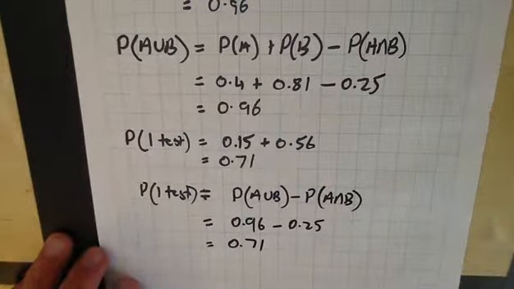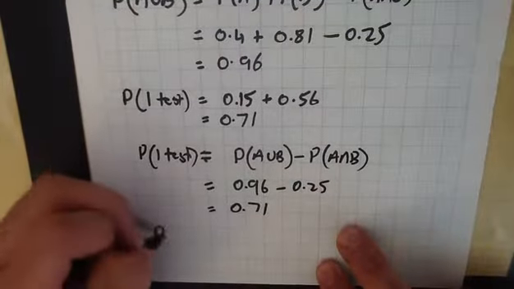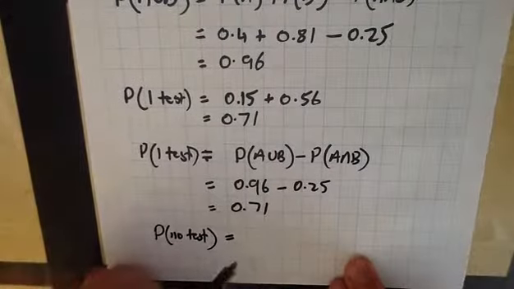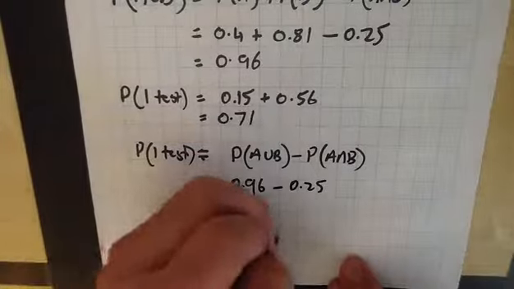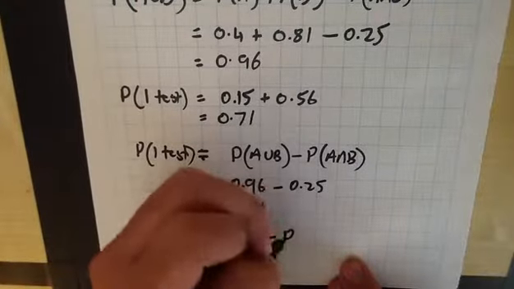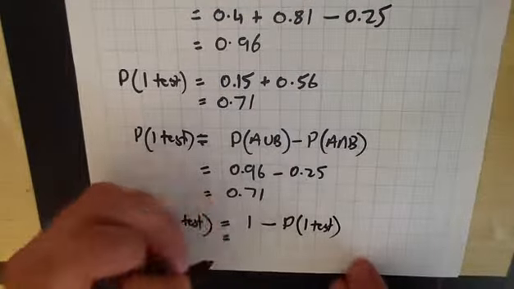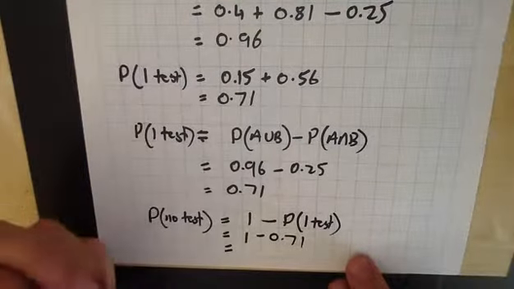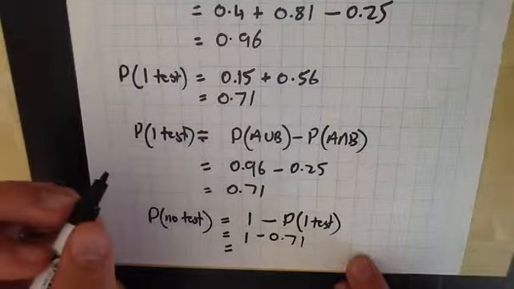Easy as. Part 3 asks, what's the probability that there's no test? For no test, it's the complement of the probability of them getting tested. So you can just do 1 subtract the probability of getting tested.